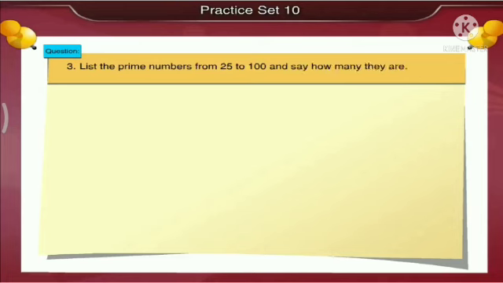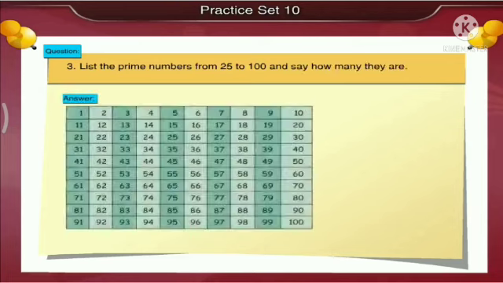Now next question. That is, list the prime numbers from 25 to 100 and say how many they are. Now here we have to list the prime numbers.